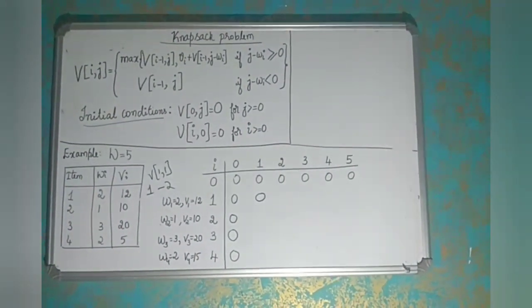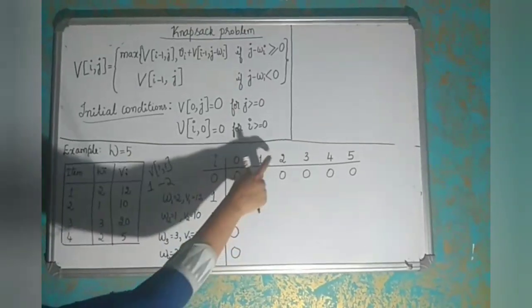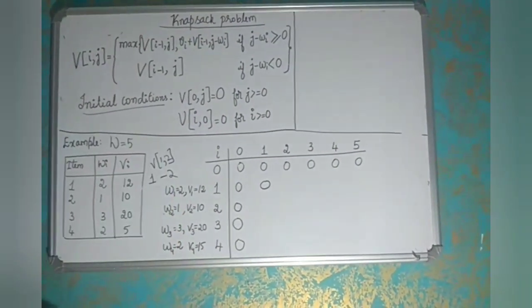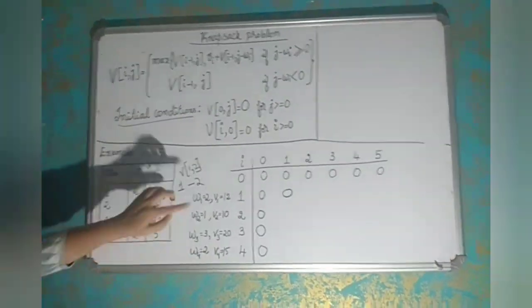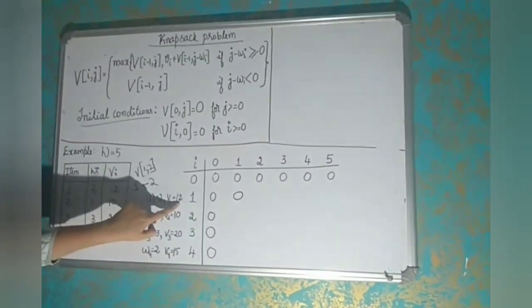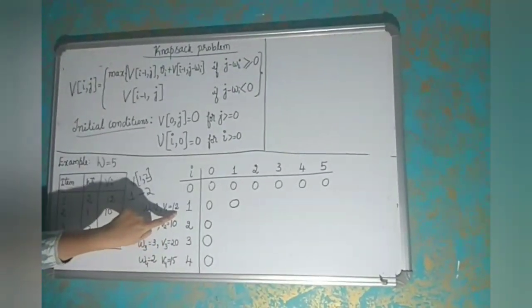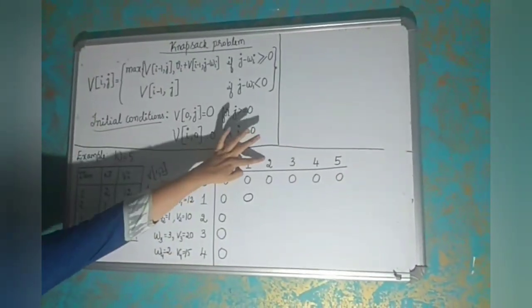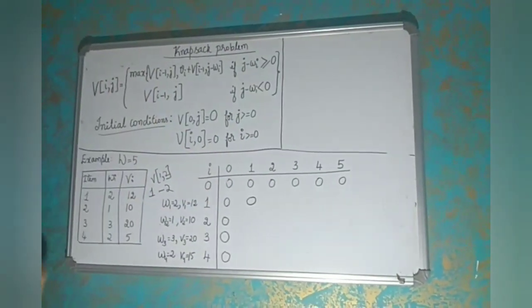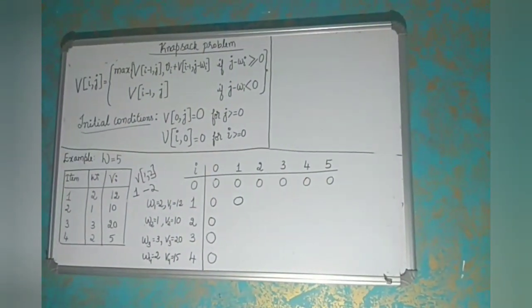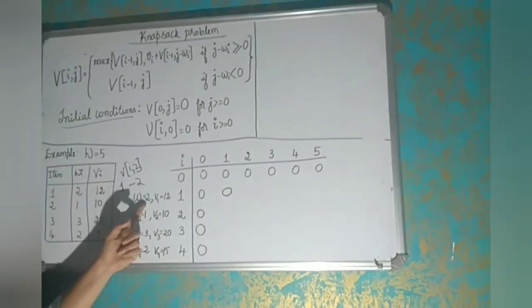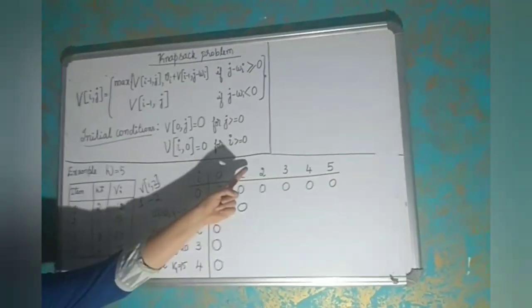So, next we are going to V of 1, 2. Now, we are considering 1, 2. Now, look at this. We have got one item here, whose weight is 2, value is 12. And the capacity of the bag is 2 now. Now again you consider whether j minus wi is greater than or equal to 0. Weight is 2. j is also 2.